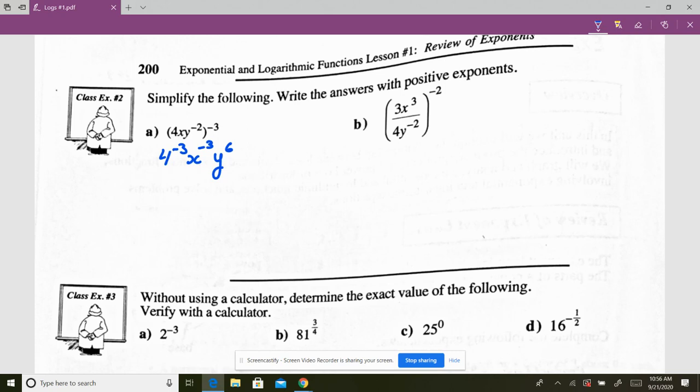The 4 and the x. So then I get y^6 over 4 cubed x cubed. 4 cubed, anybody know it? What's 4 squared? Times 4. 64, there you go. So it's y^6 over 64 x^3.